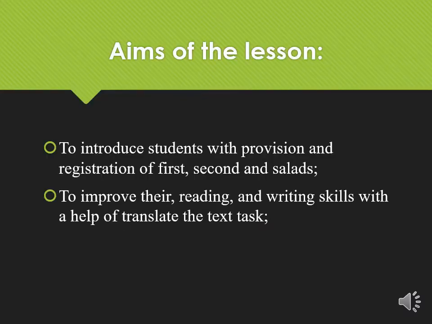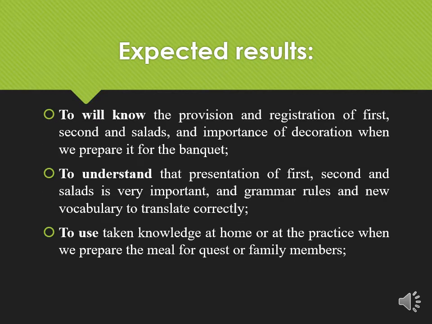Aims of the lesson: to introduce students to the provision and registration of first, second courses and salads, to improve their reading and writing skills with the help of a translate-the-text task. Expected results: students will know the provision and the registration of first, second courses and salads, and the importance of decoration when we prepare it for the banquet.